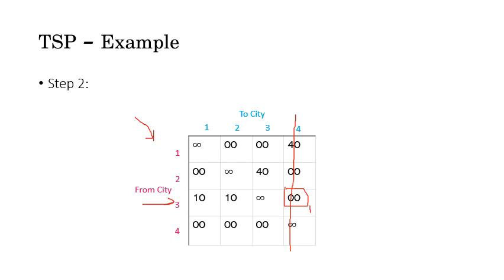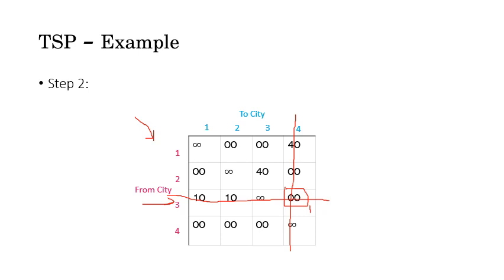That means as city 4 is approached from city 3, it cannot be approached from any other city. Similarly, if the salesman is starting the journey from city 3 to 4, he cannot travel to any other city from city 3. That's why we cross out the row.